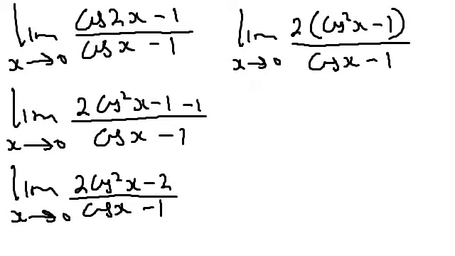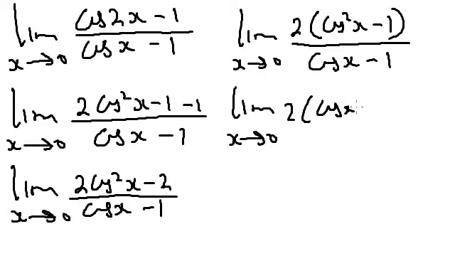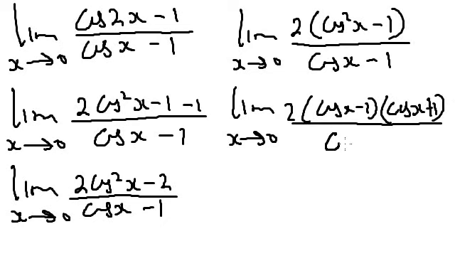Good. So therefore, we can now have the limit as x approaches 0 of 2, since these are two squares and we have a difference between them, cosine x minus 1 multiplied by cosine x plus 1, then this is divided by cosine x minus 1. Now notice that at this point, cosine x minus 1 can cancel out.